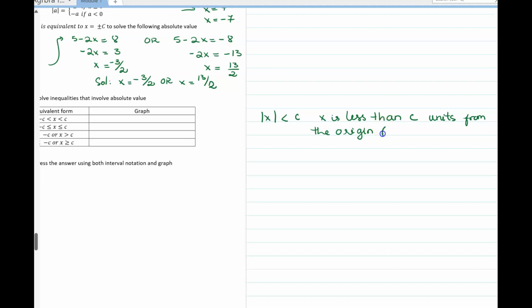And the origin in this case is 0. So if it's less than c units, let's say here c, here negative c, it would mean we are looking at everything in this interval.